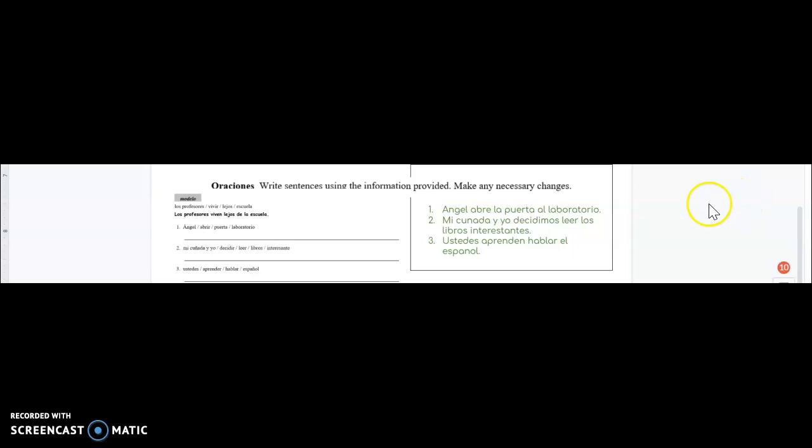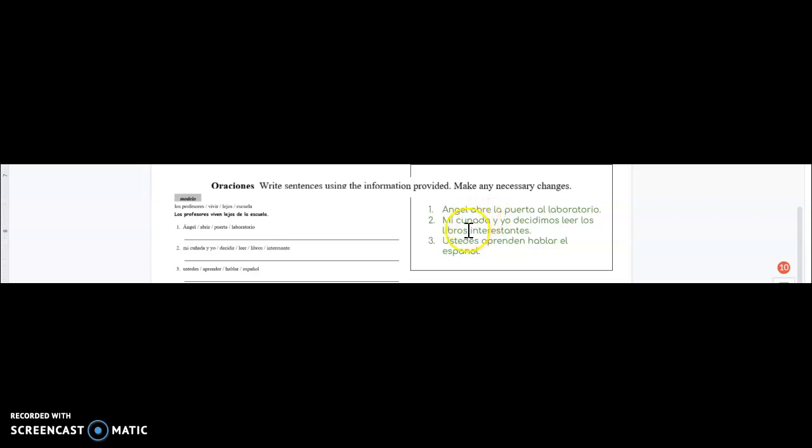So just a reminder, along with the AR verbs, whenever you conjugate an ER and IR verb, it also has 3 different meanings. So in English, we have different ways of saying the action of a verb, but in Spanish, when you say abre, it means he opens, he is opening, and he does open. It's just a friendly reminder, reaching back to what you learned with AR verbs. It's the same with ER, IR.